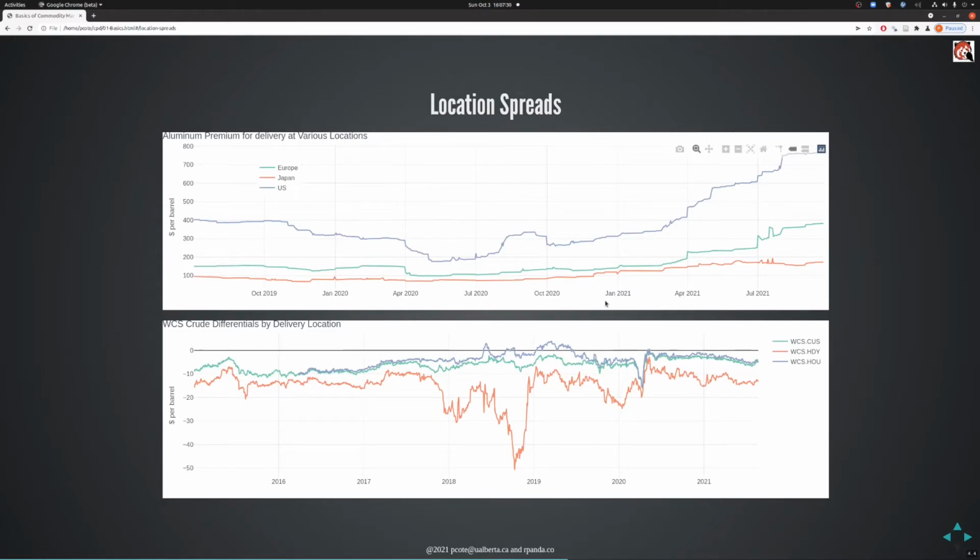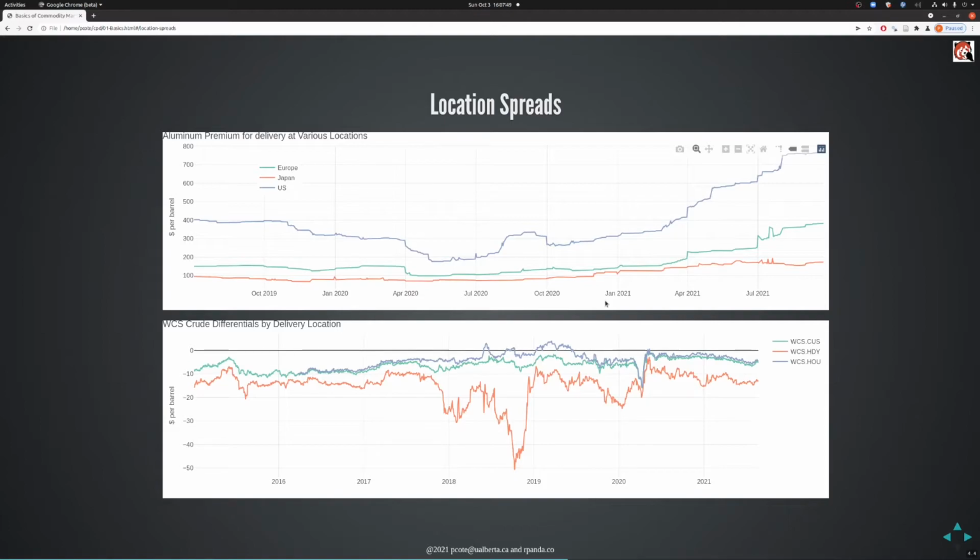So when we look at the size of the differences, for example, the US premium here versus other locations, some of it will be shipping or transportation, but there are other things as well when markets are less perfect. So for example, duties or quotas may also be reflected in those prices.